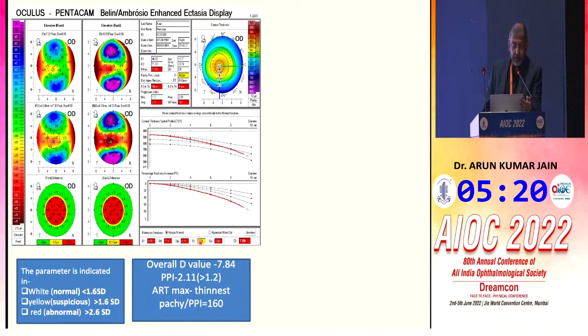When they are displayed in yellow, they are more than 1.6 standard deviation, and red means they are significant, more than 2.6 standard deviation. And the overall D value, which is more important than the individual values, if it displays in red, even if these elevations are not there, then one should not proceed to do a surgery.